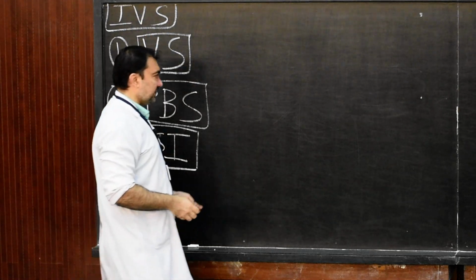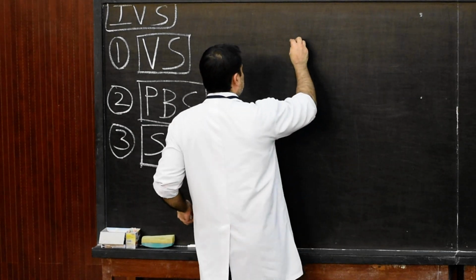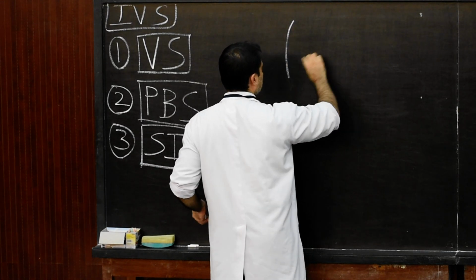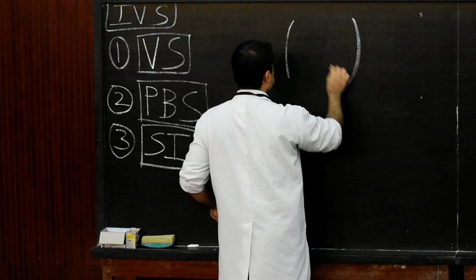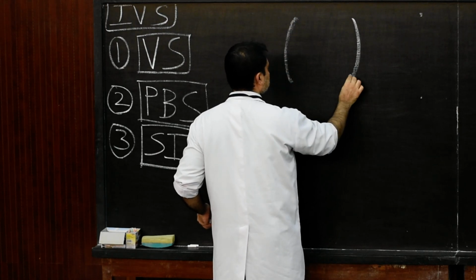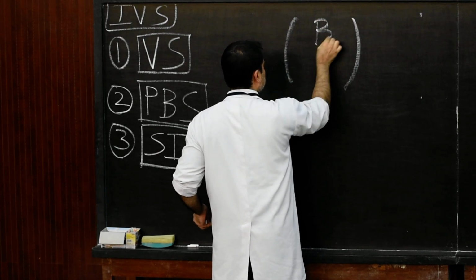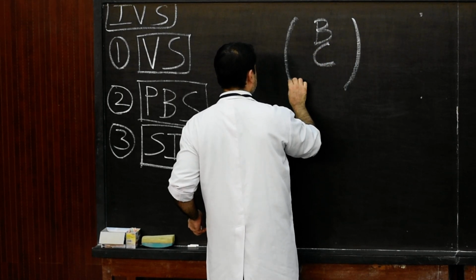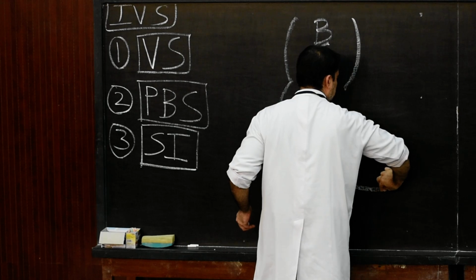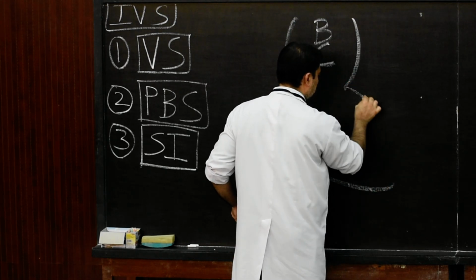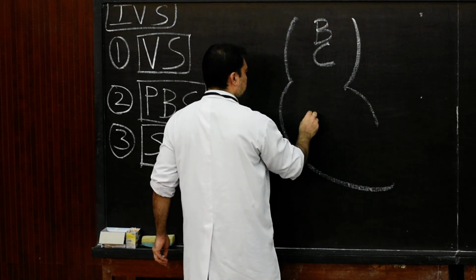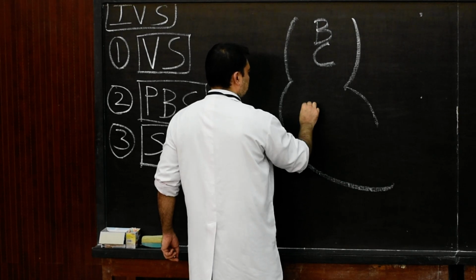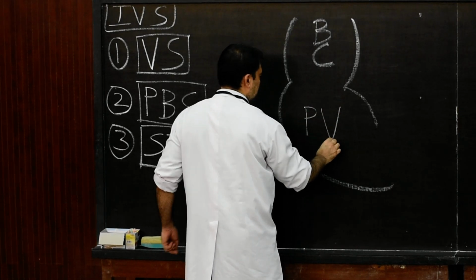Now our first line diagram, if we try and draw, this is the bulbus cordis. So I will write here bulbus cordis, and just inferior to it, we draw the entire ventricle. So this will be the primitive ventricle.